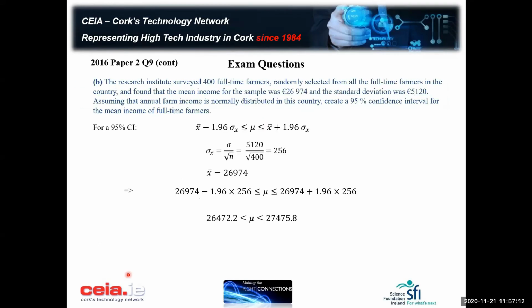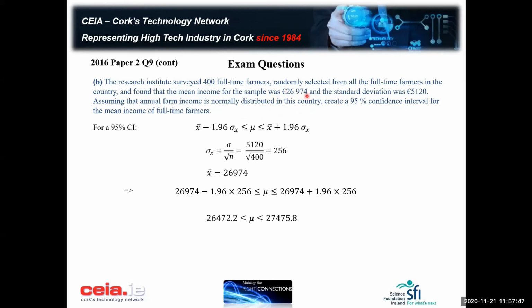Right. Then part B of that question is now we're looking at a different data set, and they've surveyed 400 full-time farmers. That's telling you they're taking a sample. This is sample data again, with a sample size of 400. And that's selected from all the farmers and found a mean income of the sample with a standard deviation.